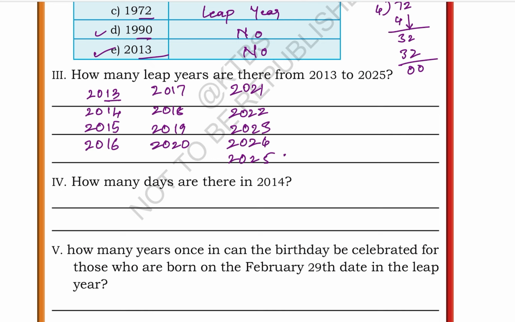So, what we must do for all the years is see whether the last 2 digits of that year are completely divisible by 4 or not. If it is divisible by 4, then it is a leap year. If the last 2 digits are not divisible by 4, then it is not a leap year. 13 not divisible by 4, 14 not divisible by 4, 15 not divisible by 4, 16 divisible by 4.